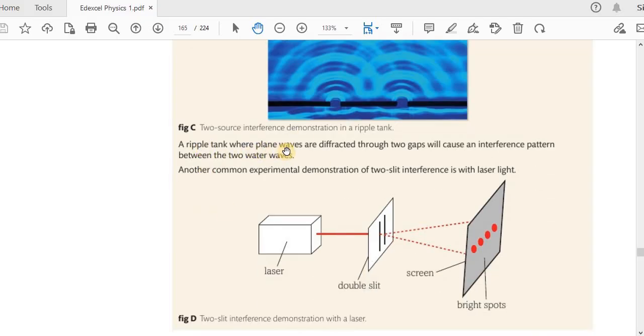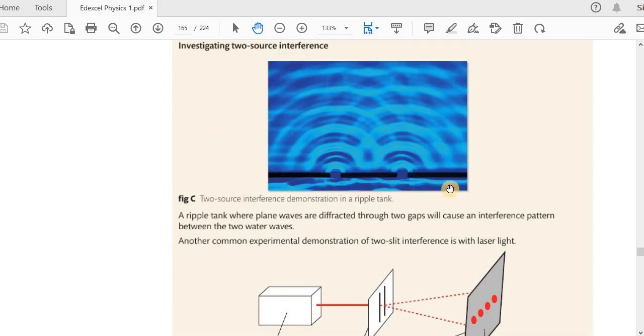A ripple tank where plane waves are diffracted through two small gaps will cause an interference pattern between the two water waves. So here we have a plane wave and then we have two slits here that will produce the interference pattern on this side, because here we have diffraction, here also we have diffraction. Therefore, this will result in interference.